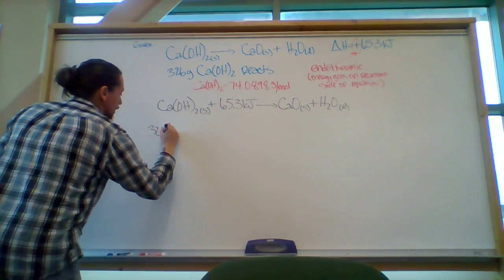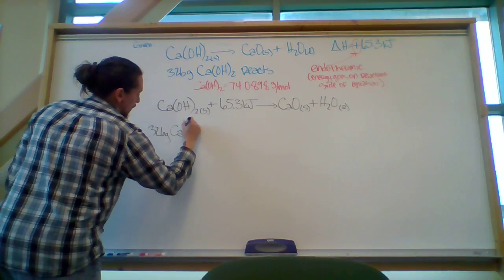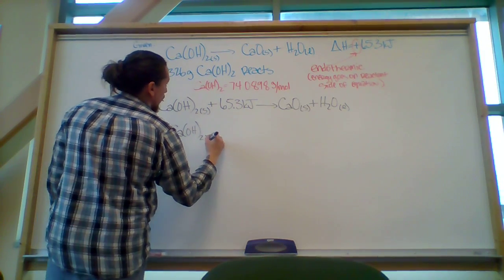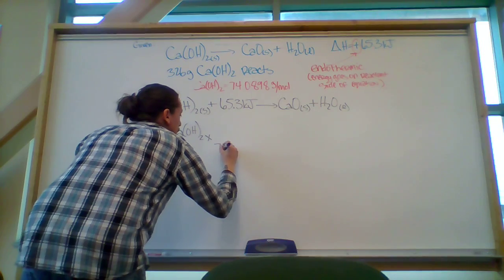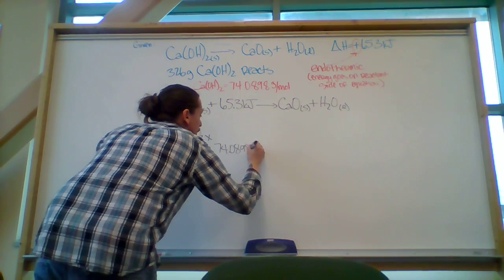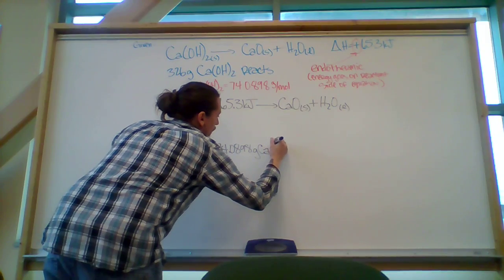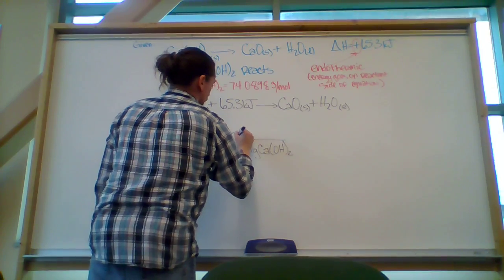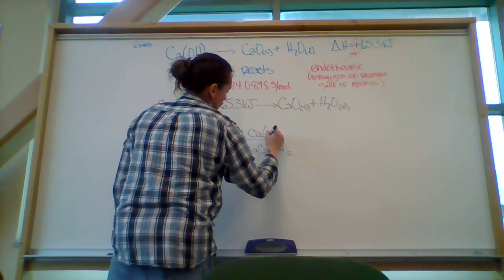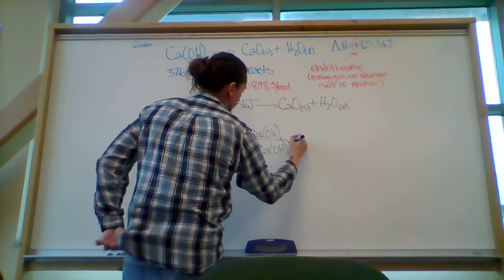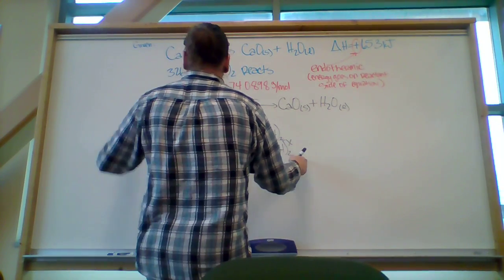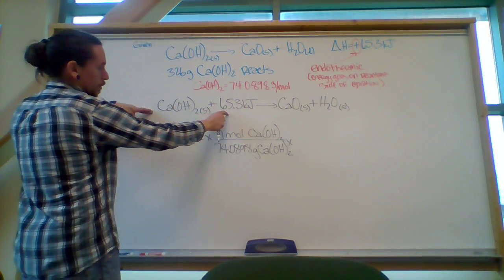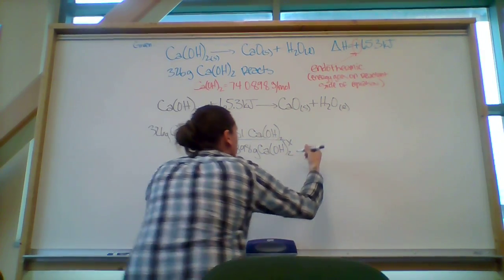So 326 grams of calcium hydroxide times 74.0898 grams of calcium hydroxide for 1 mole of calcium hydroxide, times, now we're going to go to our mole ratio. 1 mole of calcium hydroxide for 65.3 kilojoules.